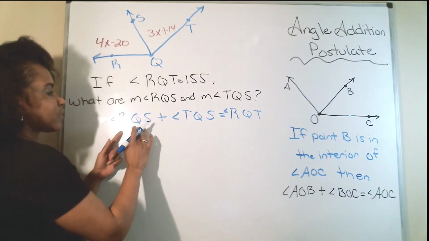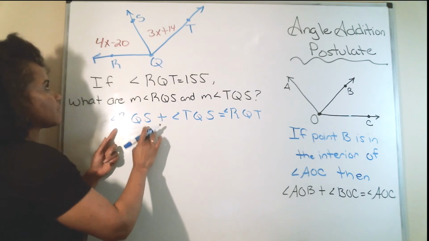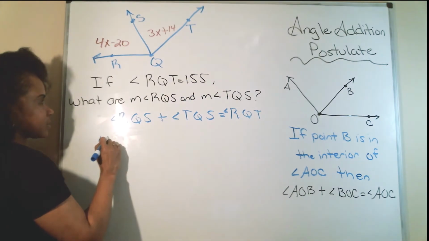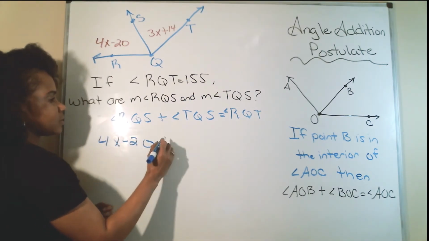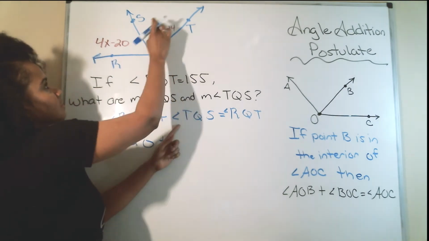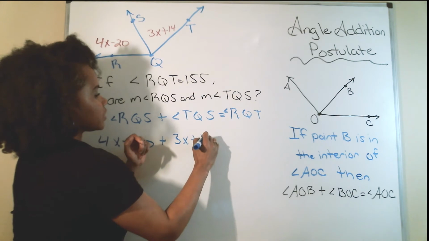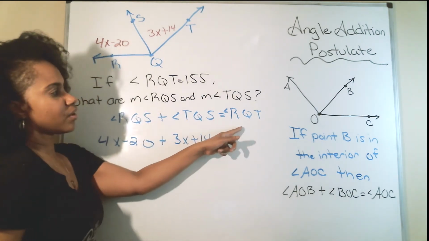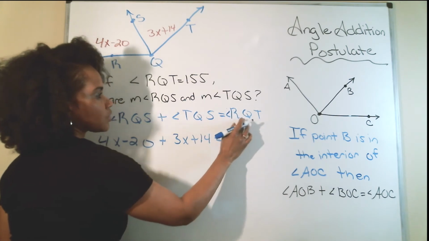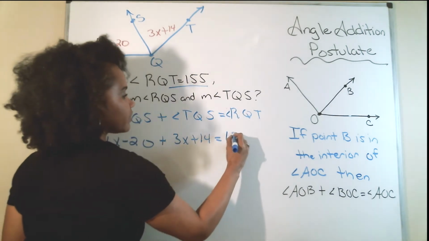So I'm going to plug in my expressions that I am given. RQS, which is this angle here, is 4x minus 20, plus angle TQS, which is 3x plus 14, is equal to angle RQT, and we're given that is 155.